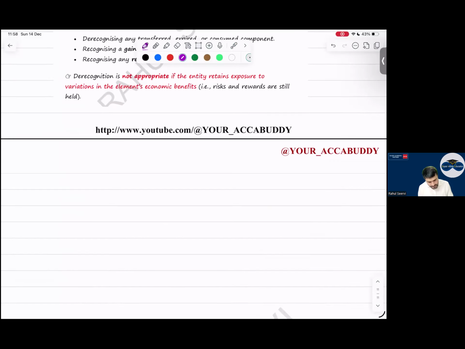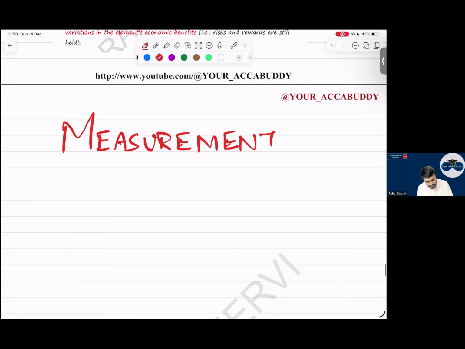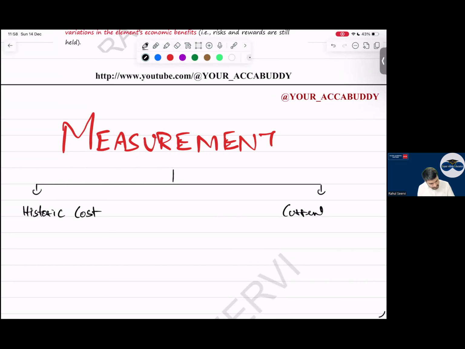Now coming to measurement. Now say me, at what value you will record an element? What do you think, everyone? Measurement. At what value we will record this? There are two: historic cost and current cost.